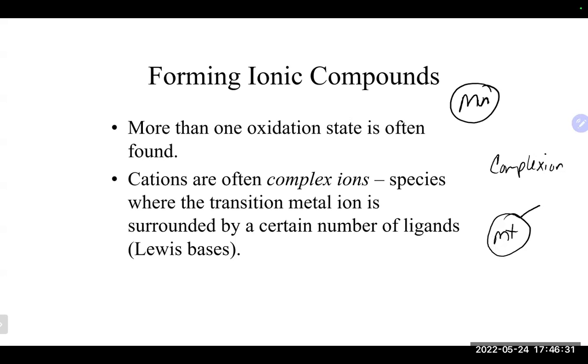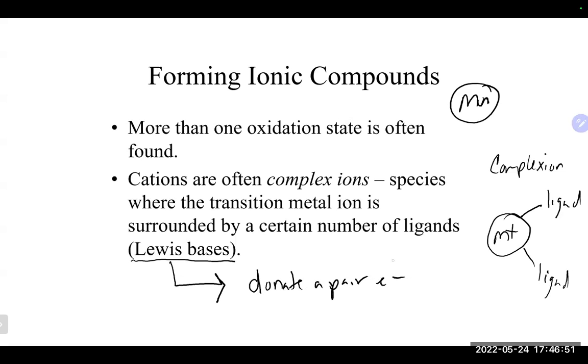And it will be attached to several ligands. And ligands are Lewis bases, and you're going to tell me Lewis bases are things that do what? Donate a pair of electrons, yeah. So Lewis bases are the ones that will donate a pair of electrons.